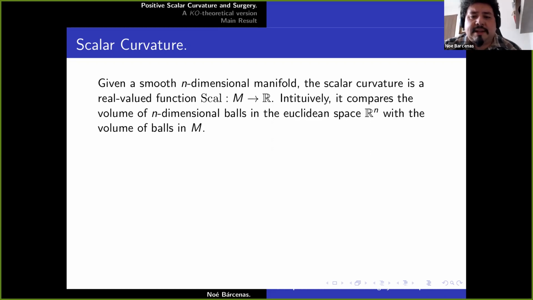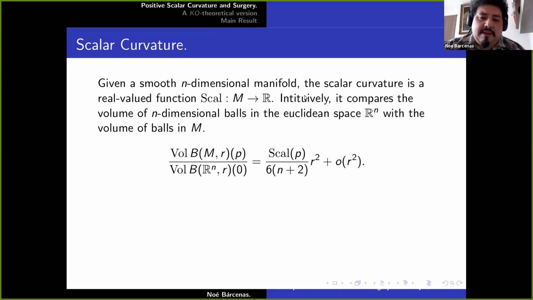The idea behind it is that scalar curvature compares the volume of n-dimensional balls in Euclidean space with Riemannian balls on M. Precisely, if you take the volume of a Riemannian ball at some point on the manifold, and the Euclidean volume of a ball, which is meant to parameterize a chart of the manifold, you get this expansion where the term of order 2 is this function, which is called the scalar curvature, divided by some dimension normalization factor, and then terms of higher order.